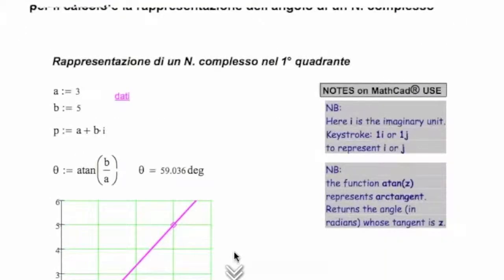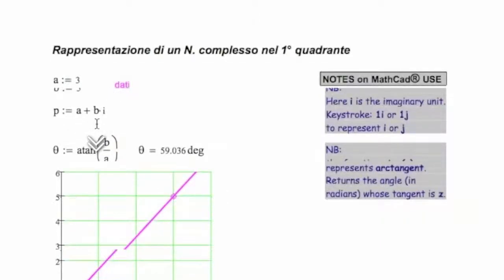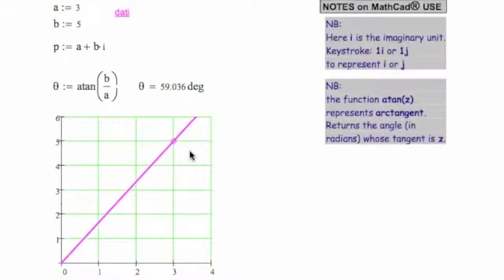Let's consider a very simple complex number, p equal to a plus bi, where i is the imaginary unit. a is equal to 3 and b is equal to 5. We can easily plot this complex number in the first sector, because a is the real part, so the abscissa is 3, and b is the imaginary part, so the ordinate is 5.